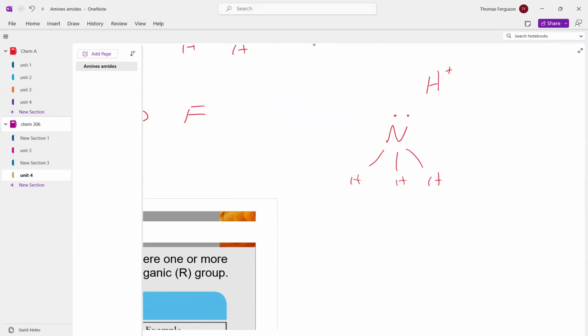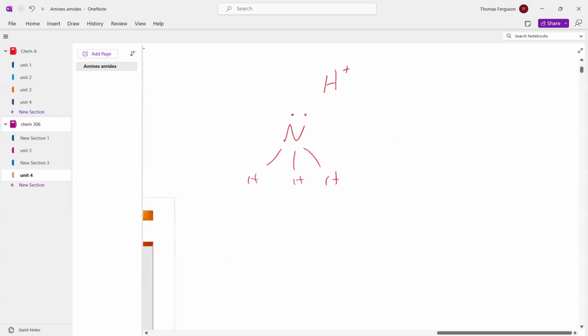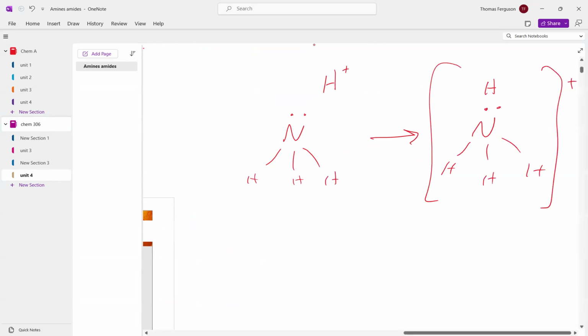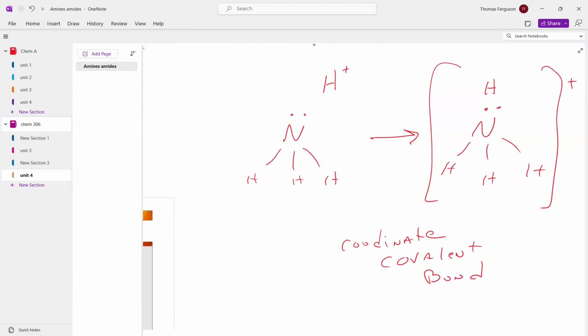So it wants to bond. So what it does is it bonds with electron pairs. And that's called a coordinate covalent bond.